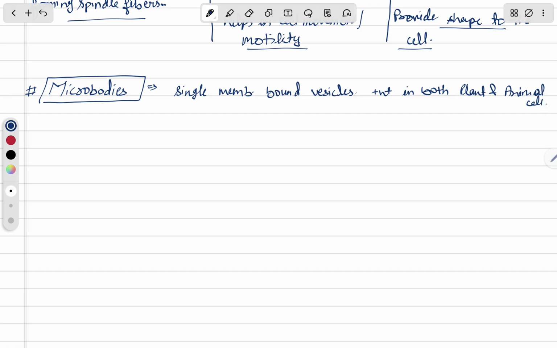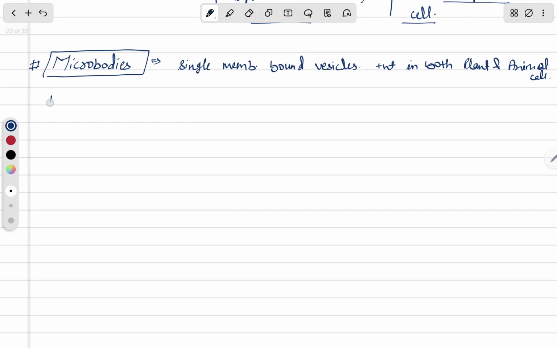So we'll discuss the types of microbodies present in plant and animal cells. These microbodies contain various enzymes for metabolic activity, right?